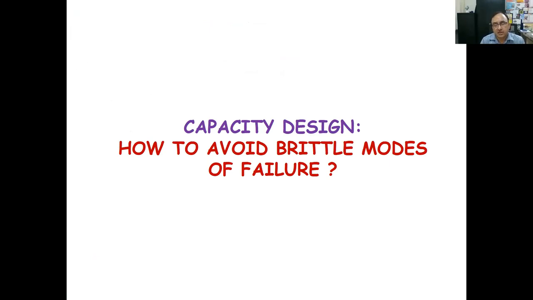Then, even if we do all this confinement and anchorage, we can make our RCC members ductile only in bending. In bending those members will be ductile, but they will still be brittle in compression. Under compression it will be a brittle failure, and under shear also our members will fail in a brittle mode.